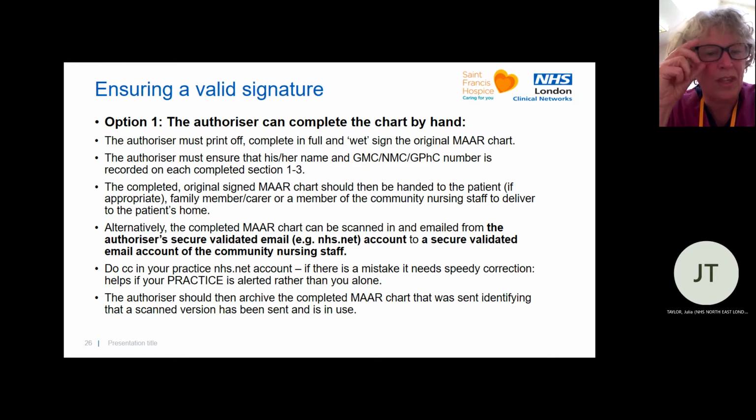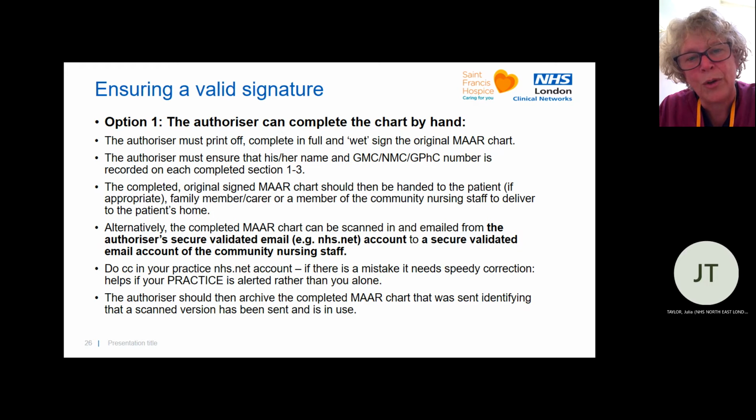Alternatively, you can take it away with you, or you can write it at your surgery or district nurse base, but then you have to share it with people by scanning it in and emailing it. And the absolutely key thing here is that you need to be doing this from your own validated secure email, for example, nhs.net. Don't send it from a generic address because it won't be valid if you do that.